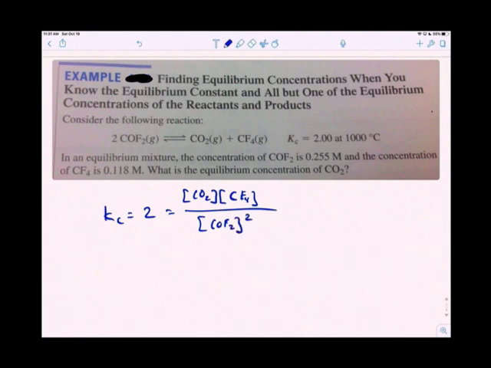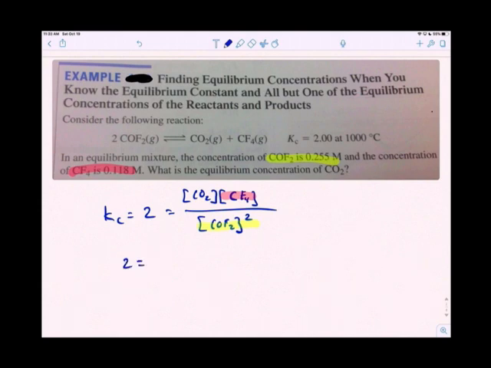And this is a case where we have one equation and one unknown. So we know that the COF2 is this, and the CF4 is that. So we can put in the numbers.